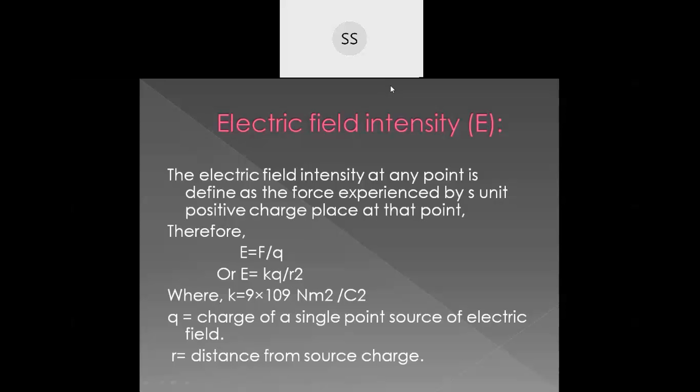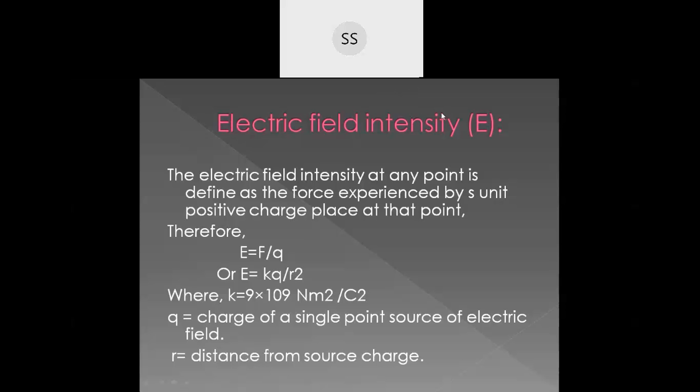See, to test the electric field intensity, there will be a source charge, the charge whose electric field intensity will be tested, and we will bring a unit positive charge to check the intensity of that source charge. That will be called the test charge. So there are two charges.